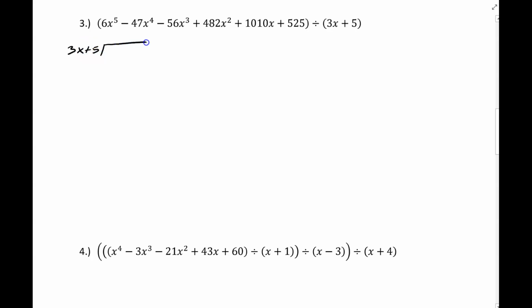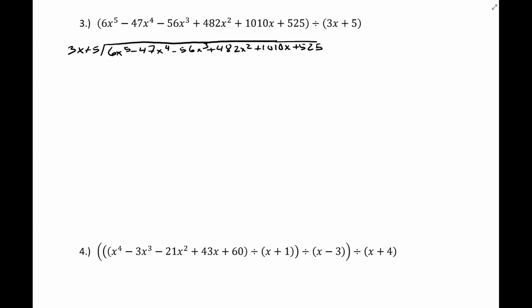So the divisor goes on the outside, and then the dividend goes underneath our division bar. So that's our initial setup.